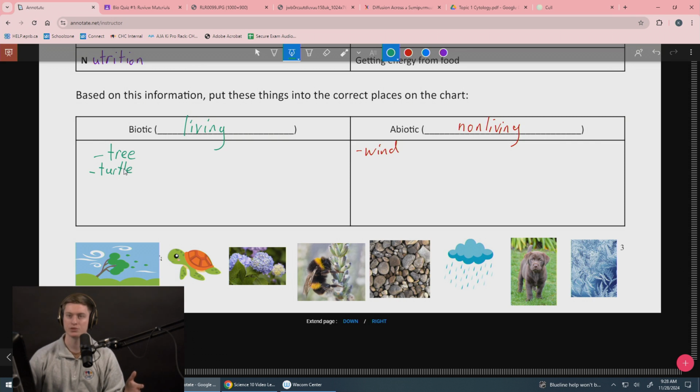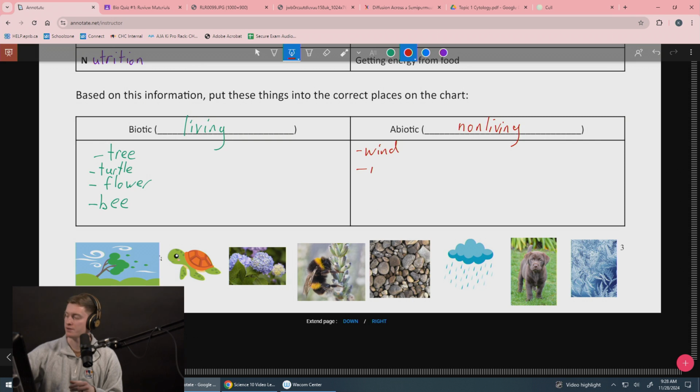Turtles reproduce, turtles eat food, turtles move around, turtles excrete waste. This is another plant here. I think it's a hydrangea, but I could be wrong. But a flower is an example of a living thing. Another plant. We got another plant in this picture as well as a bee. Insects are examples of living things. They're in fact animals.